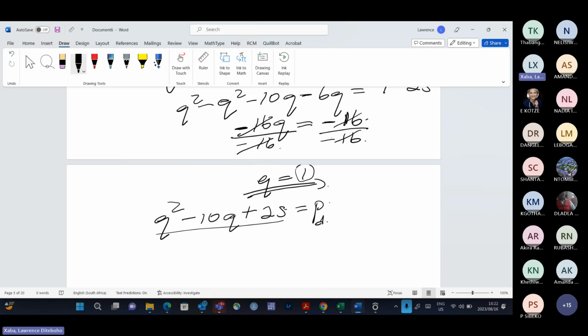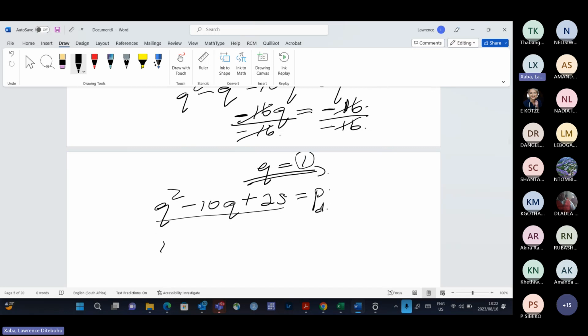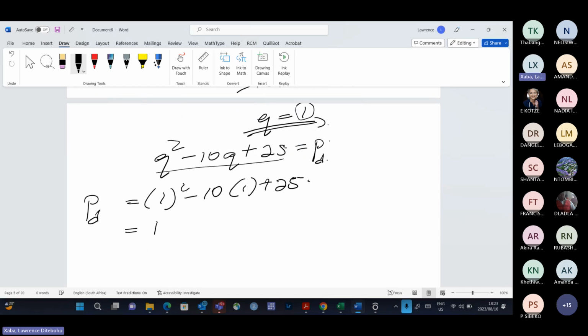Then we are saying these two equations are equal. So we say, okay, 1 squared minus 10 times 1 plus 25 equals P subscript D. Then here we have 1, we have minus 10, and plus 25.